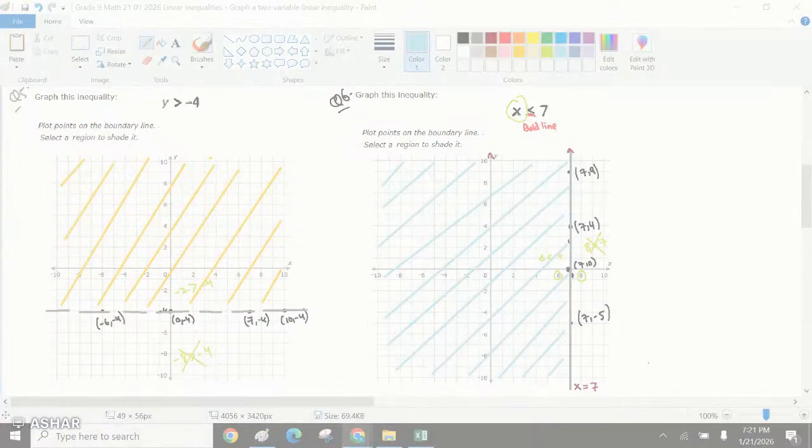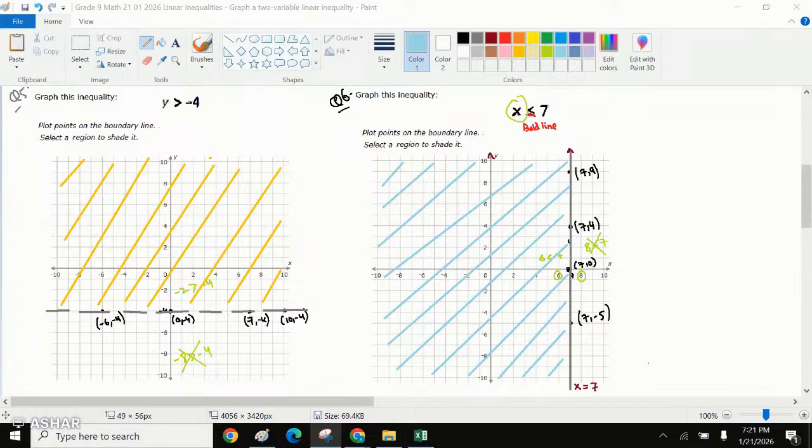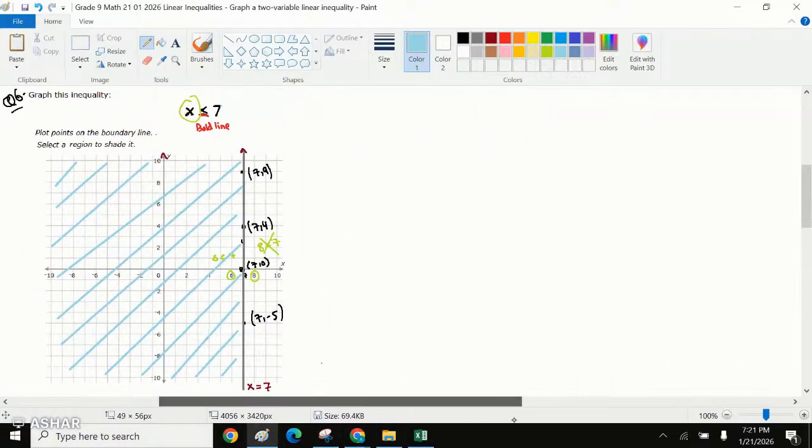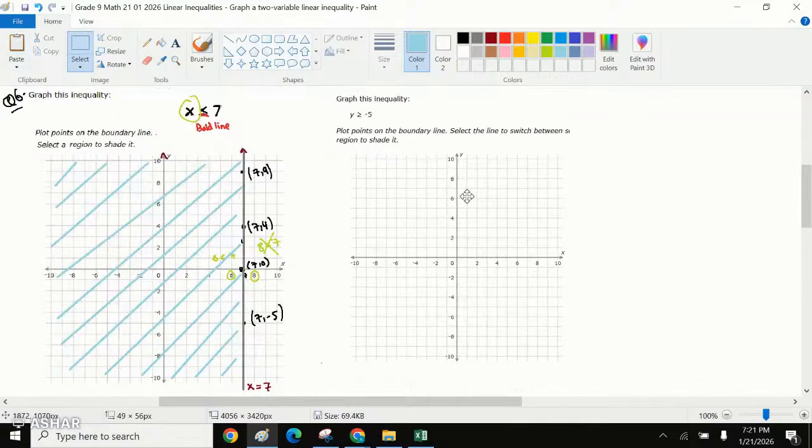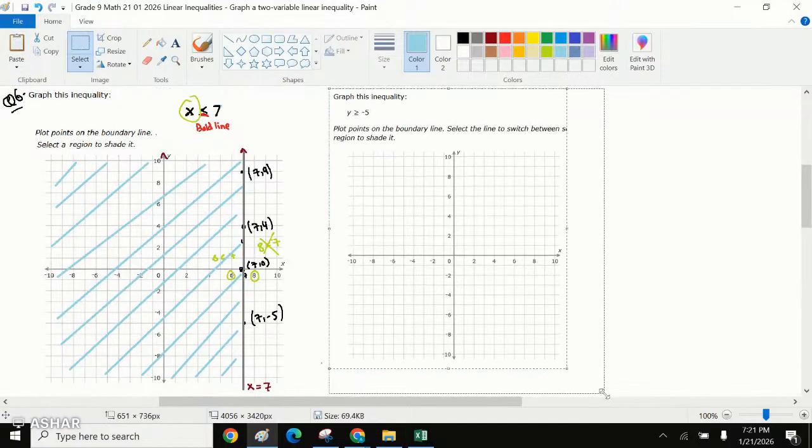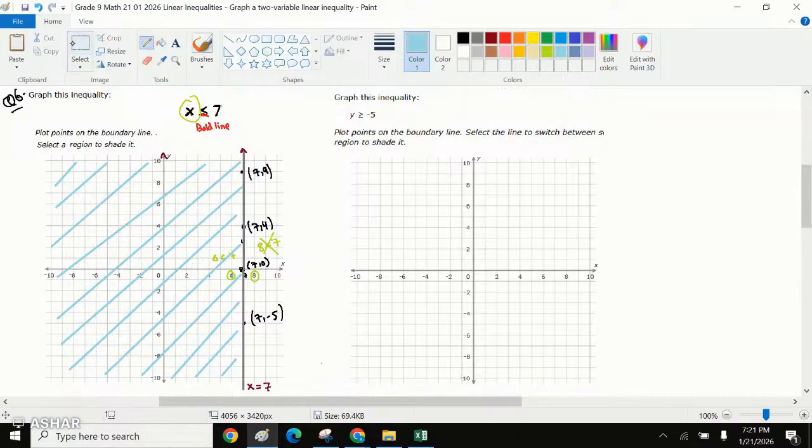It says y is greater than or equal to negative 5. Okay. They're saying that y is greater than or equal to negative 5. Let's copy paste first. This is given, y is greater than or equal to negative 5.